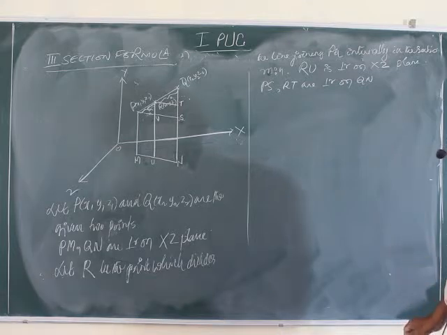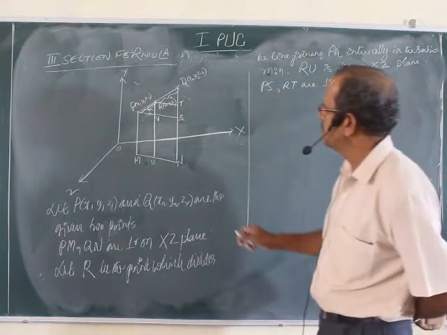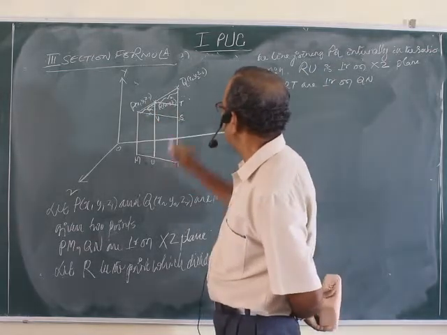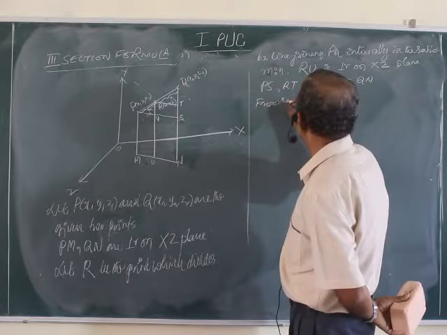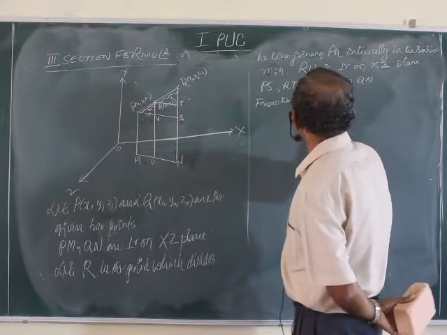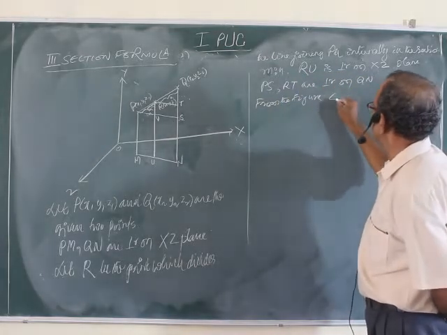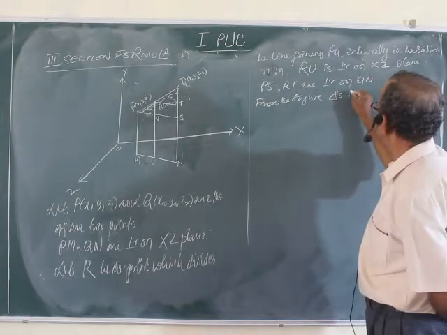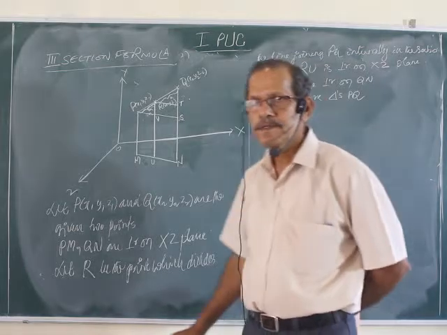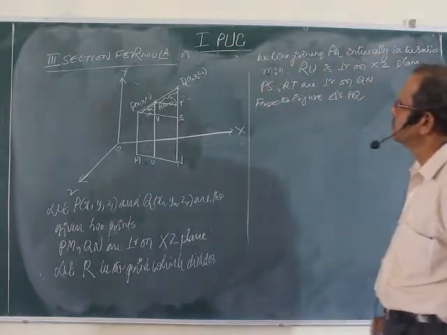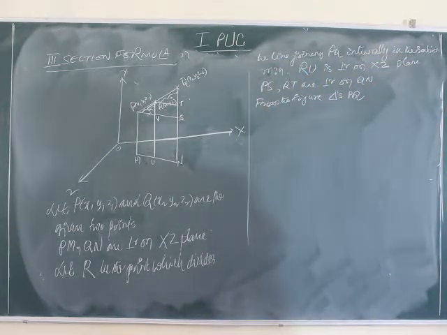Now, let us continue this. From the figure, you can observe the triangles. Which are the triangles? The bigger triangle or the smaller one?